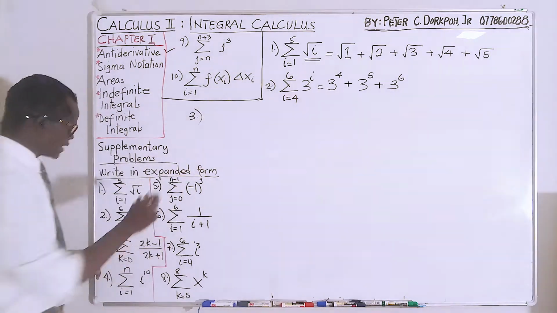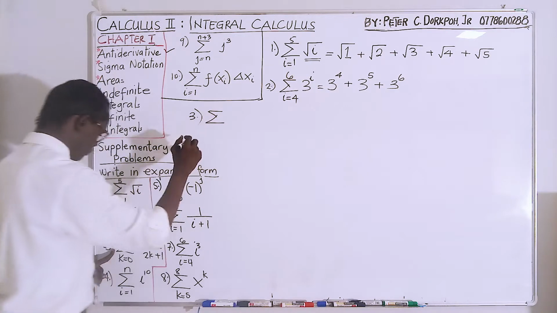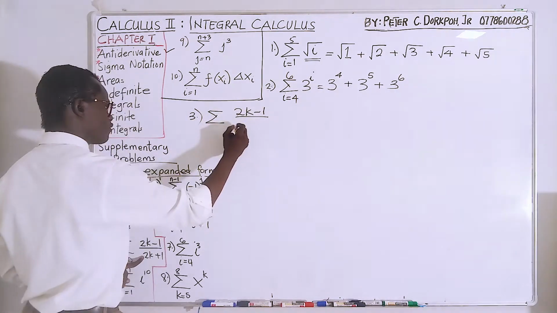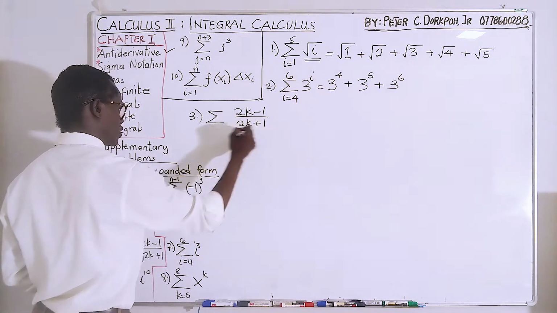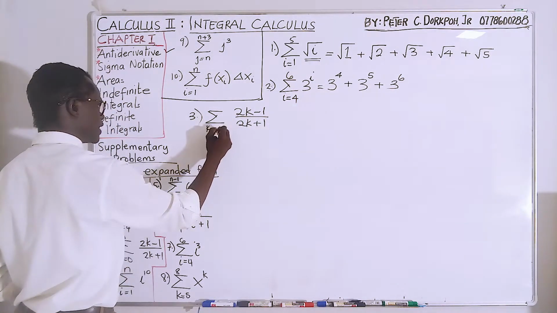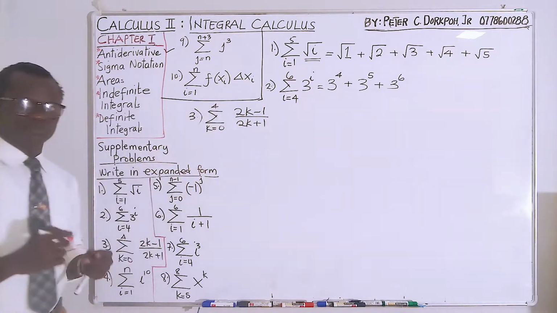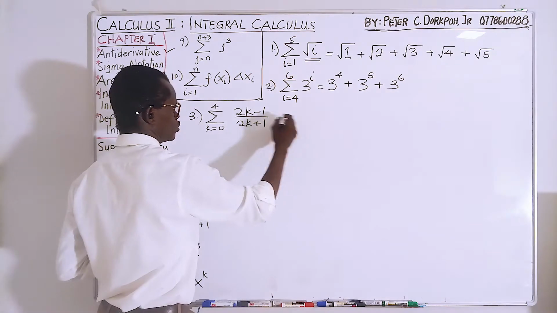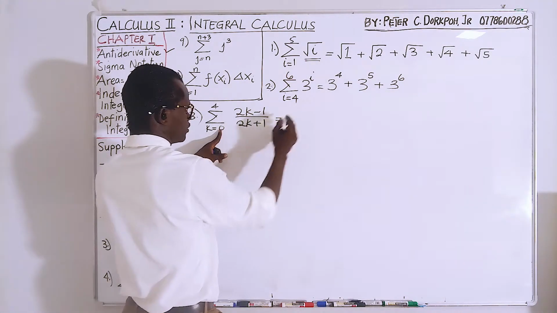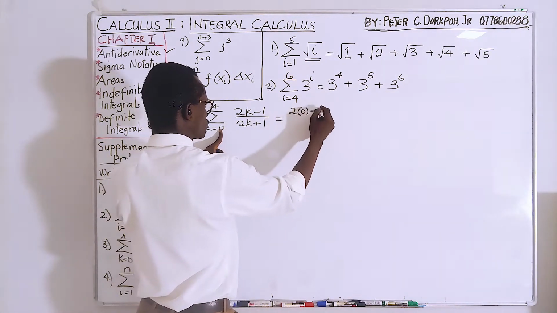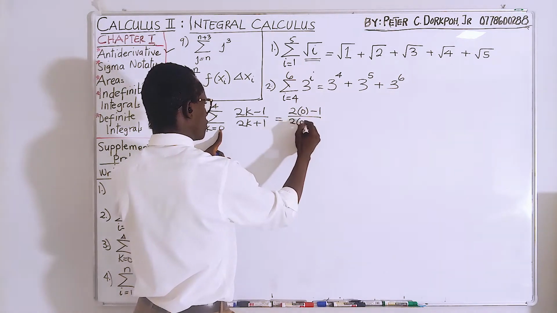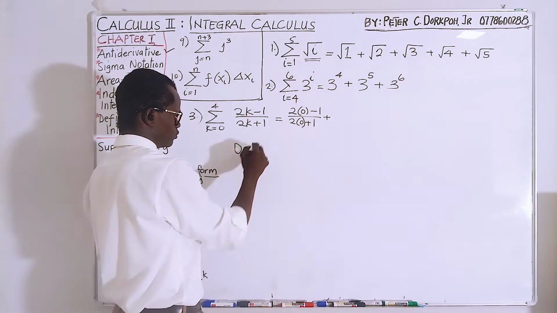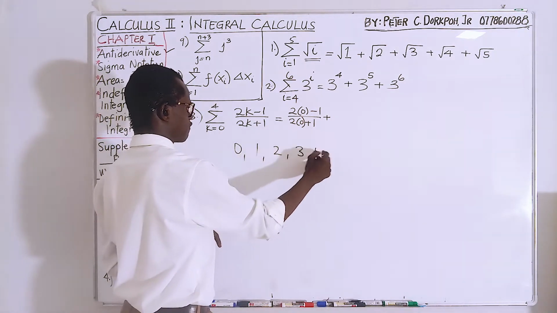The third question says the summation of 2k minus 1 all over 2k plus 1 as k leads from 0 to positive 4. So this is also similar. We expand this. Wheresoever we see k, we put 0. So it's 2 times 0 minus 1 all over 2 times 0 plus 1, plus from 0 now, 0, 1, 2, 3, and 4.